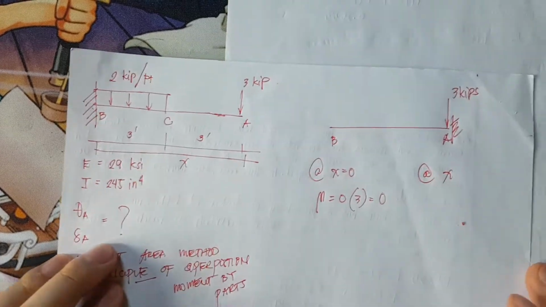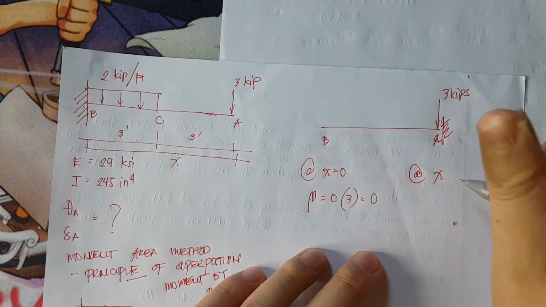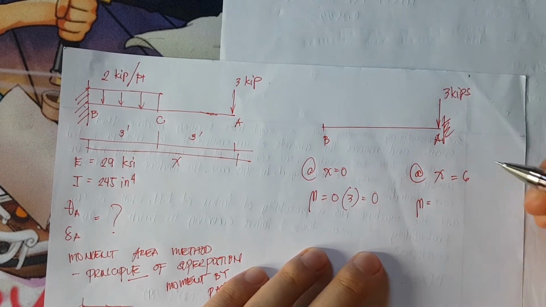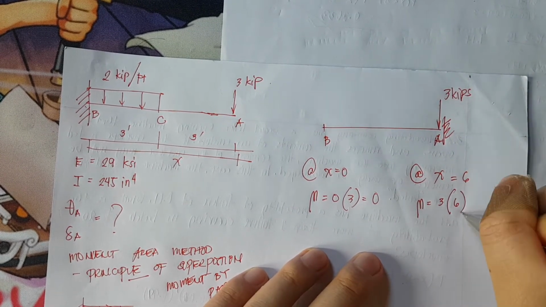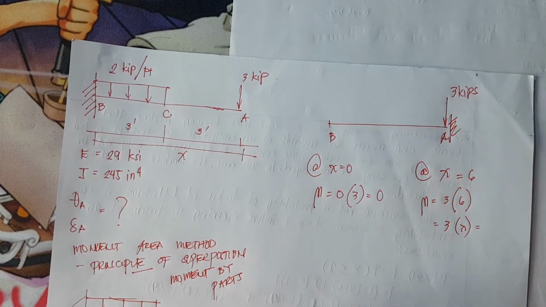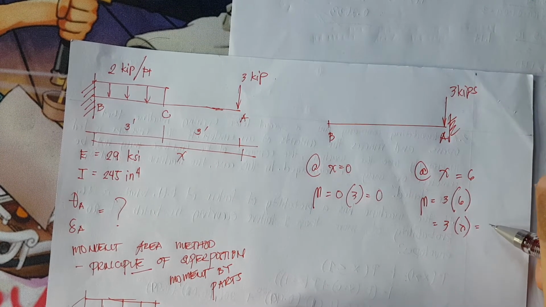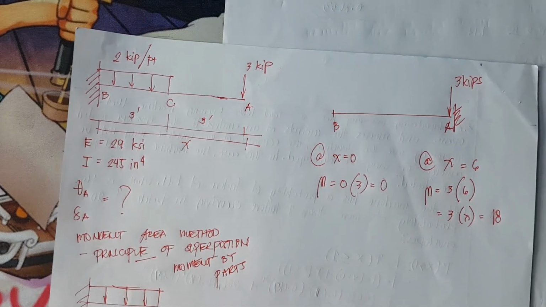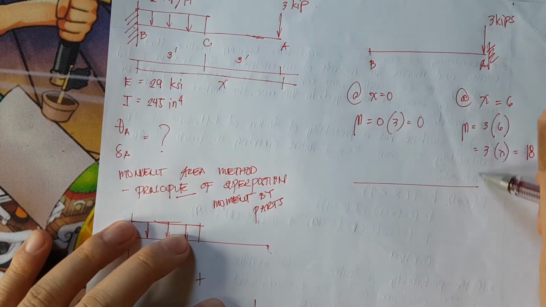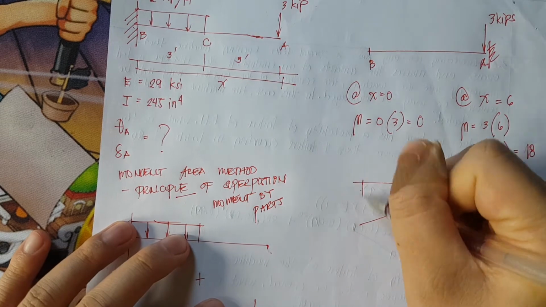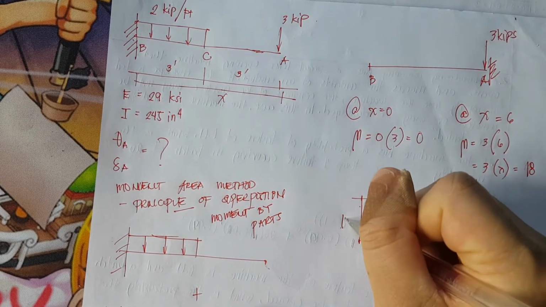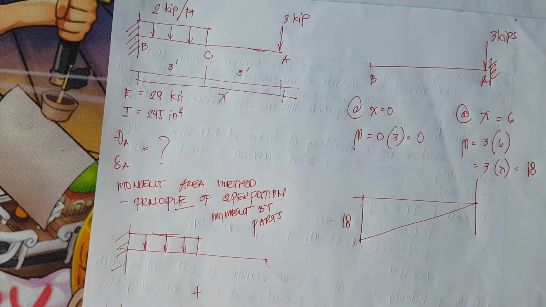That is x. So, at distance x equals to 6, okay, dito, which is B, the moment is equivalent to 3 times 6, or that is 3x. And that is 18. Okay? So, ang moment diagram niya, moment by parts, it would be a triangular load. And that is 18. Negative 18.